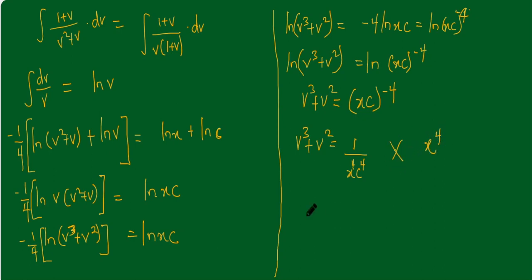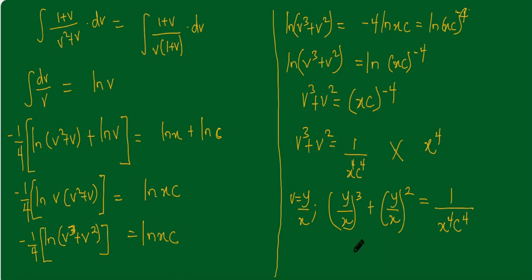But before we do that, let's substitute our v to be equal to y all over x. So we have (y divided by x) all raised to the power of 3 plus (y divided by x) all raised to the power of 2 is equal to 1 divided by x raised to power 4, c raised to power 4.